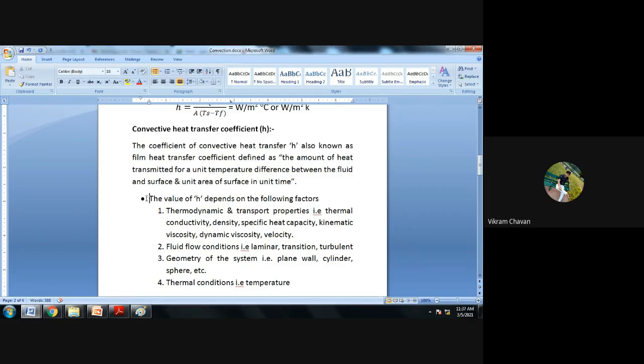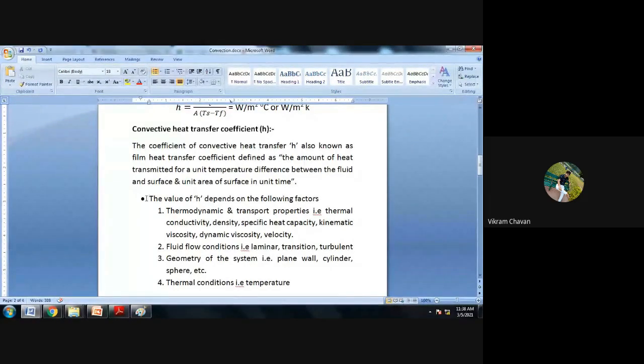So on that also the h value depends. Fluid flow conditions, that is laminar, transition, turbulent.